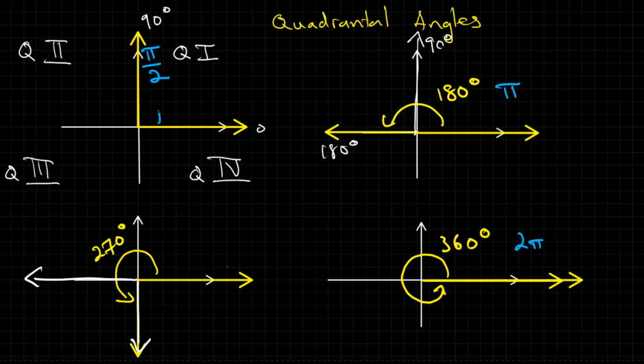And finally, if you travel pi over 2 three times, then you get to this angle in the third drawing over here, which is 270 degrees, or in radians, 3 pi over 2, because it's 3 times pi over 2. So these are the radian measures of the angles that we discussed earlier.